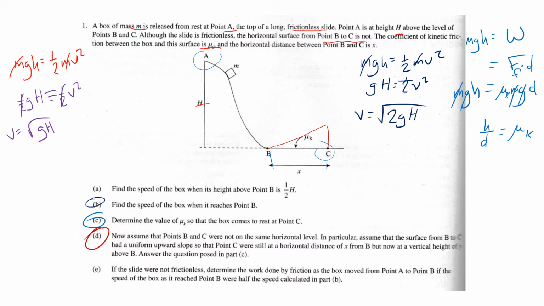So we're going to start off with energy. We have mgH, which is what we're starting out with. Now this is going to equal our work just like before, but this time we're going to have some potential energy, so plus mgh. This mgh is talking about this height here.